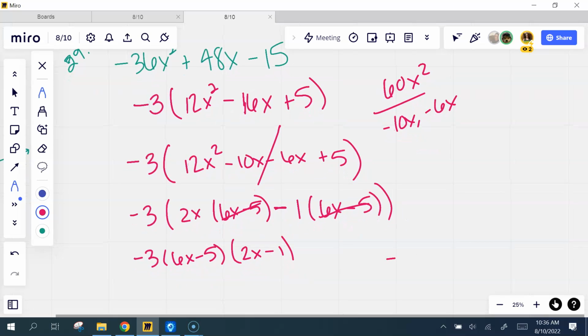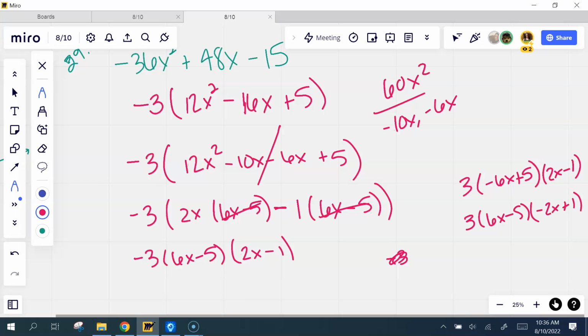Like, if you took out positive 3, then you should have ended up with -6x plus 5, 2x minus 1, or 6x minus 5, -2x plus 1. So you just got 1. I bet you just dropped that negative sign off the front whenever you were supposed to have it.